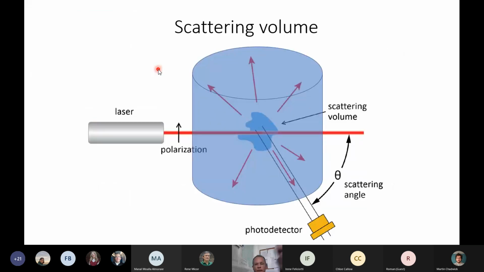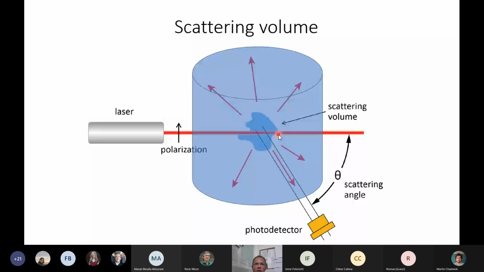So when we are making our light scattering experiments, we have a vial here, and we are gathering information not from the whole vial, but from a volume that is known as the scattering volume. And this volume has no solid walls. So it gives surrounding particles the opportunity to come in and go out, and that's why the number of particles in this scattering volume, which is determined by the laser and detector, is changing.